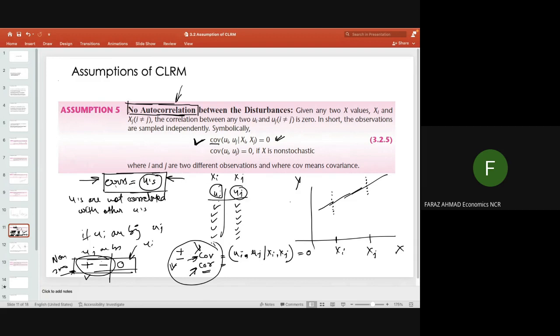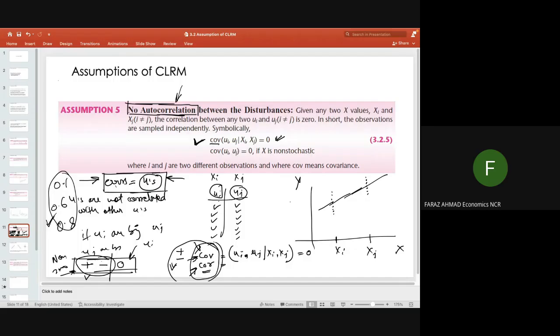So we can use them interchangeably if we are expected to know only this much. We are not interested in knowing how much. Is it 0.8? Is it 0.6? That is the level of correlation, or is it weak correlation, 0.1? We are not interested in the strength. We are only interested in saying that there is no correlation or there is some non-zero correlation. So that's why we can use them interchangeably.